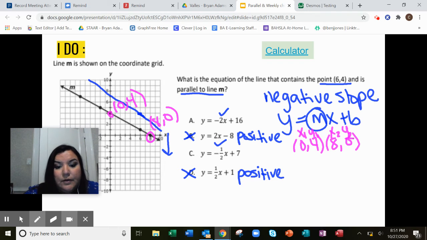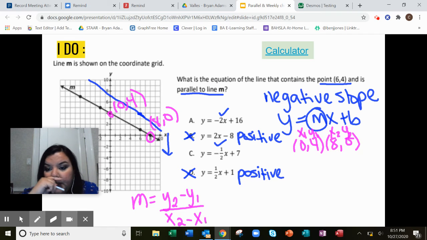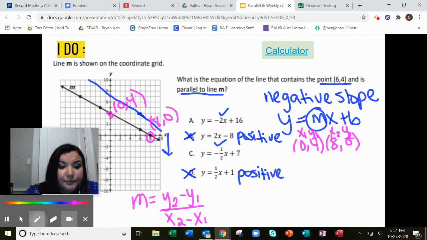All right, so on the side, I'm going to put the formula for slope: y2 minus y1 over x2 minus x1. We're going to go ahead and apply the formula. Let's change it to a green color.